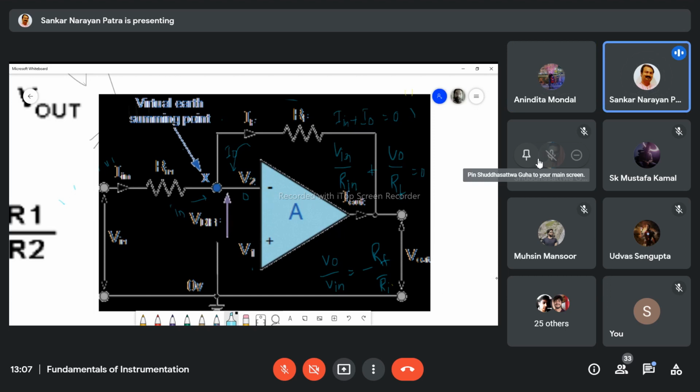Then we can say V output equals minus RF by RI into Vin.